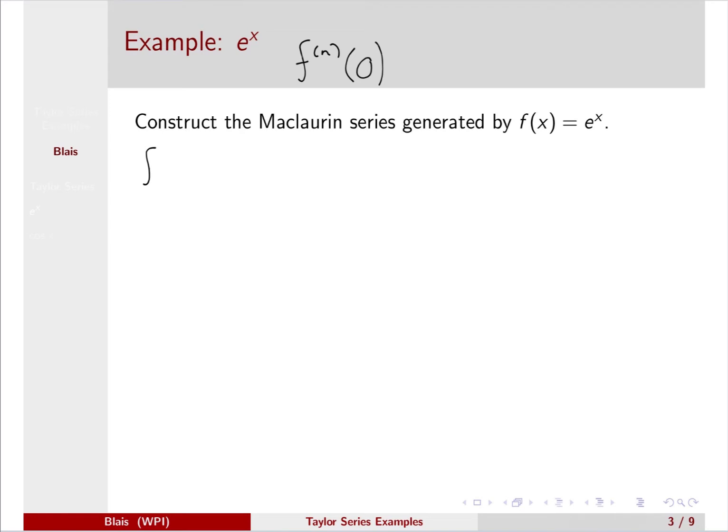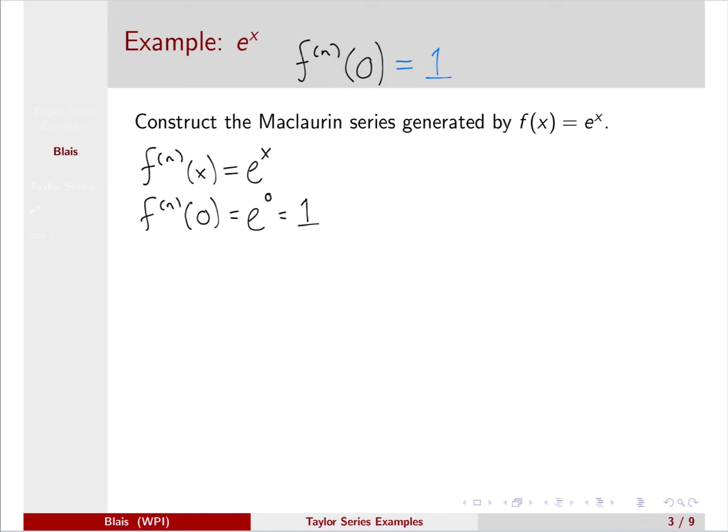Every derivative of this function is e to the x. If we then evaluate that nth derivative at 0, we get e to the 0 or 1. And so that gives us this coefficient for every n.